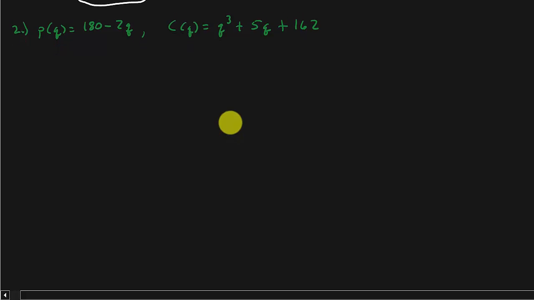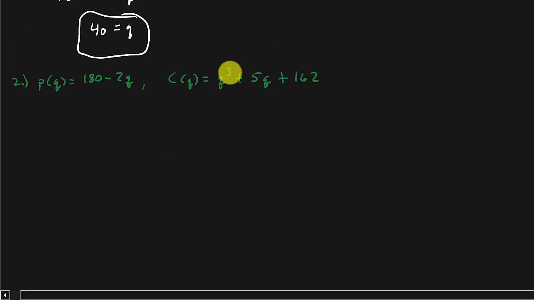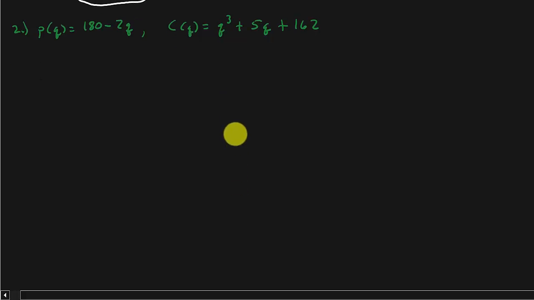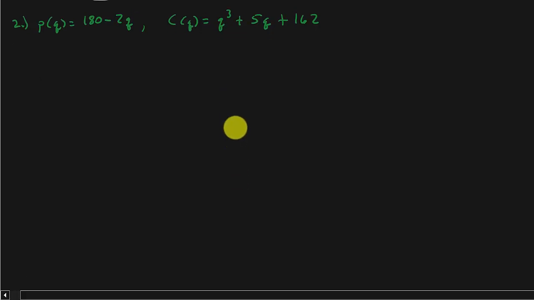All right. So let's work another problem like this. It's the same thing that we did. We got us a Q cubed here, so it's a little bit different, but it doesn't hurt to work more than one of those types. All right, so we've got R of Q is equal to Q times 180 minus 2Q, which is 180Q minus 2Q squared.